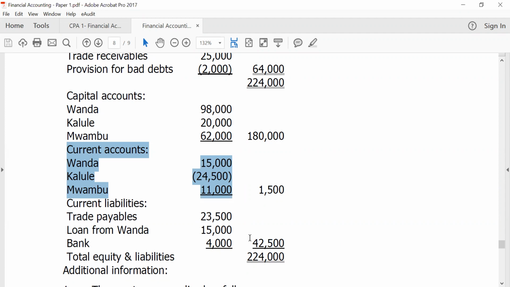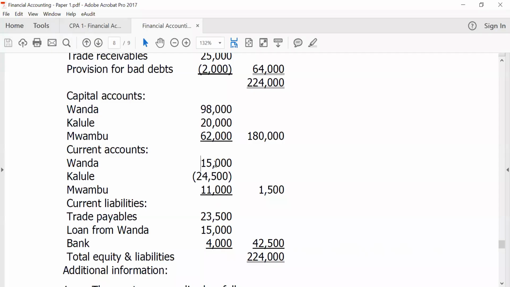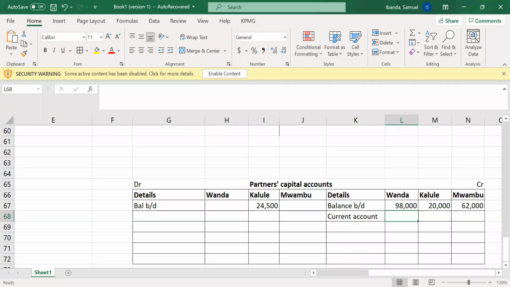So what we are going to have here is your current account. These are transfers from the current account. Whatever you have in the current account, 15,000, since it's a positive, remember current accounts and capital accounts are a bit similar. The current account also has a normal credit balance.